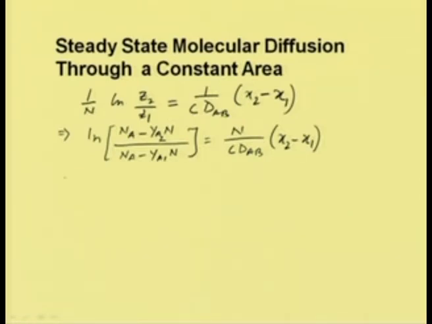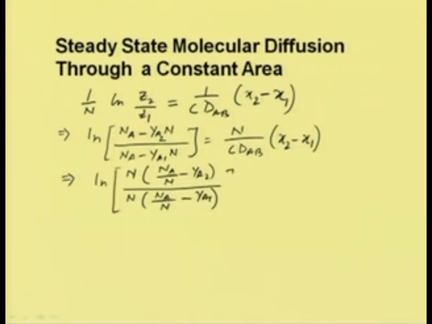So, again we can write ln of NA by N minus YA2 divided by NA by N minus YA1 is equal to N by C DAB into x2 minus x1.